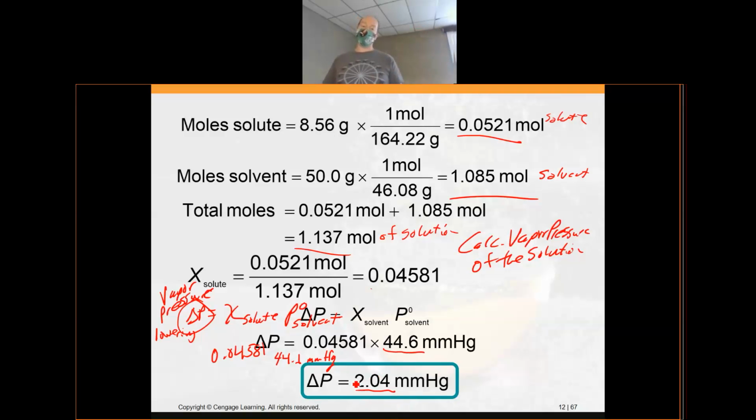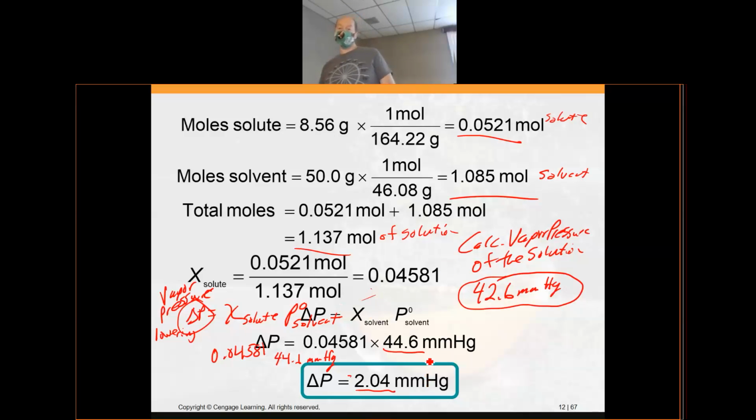So all you have to do is subtract 2.04 from the 44.6, and that will give you a 42.6. All right, when you do a subtraction, it is 1 decimal minus 2 decimals. Your final answer is going to be given to 1 decimal, and when you do that, you get your 42.6.